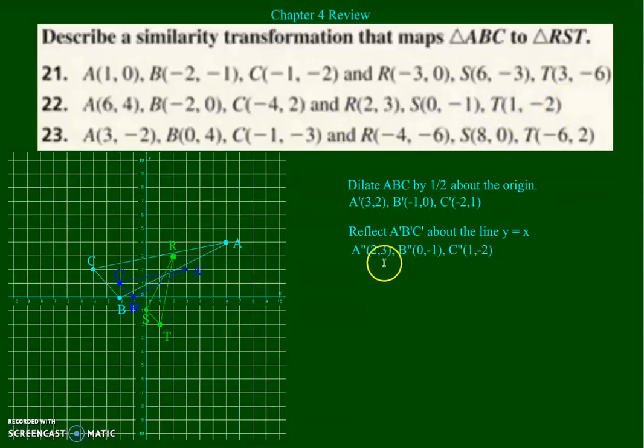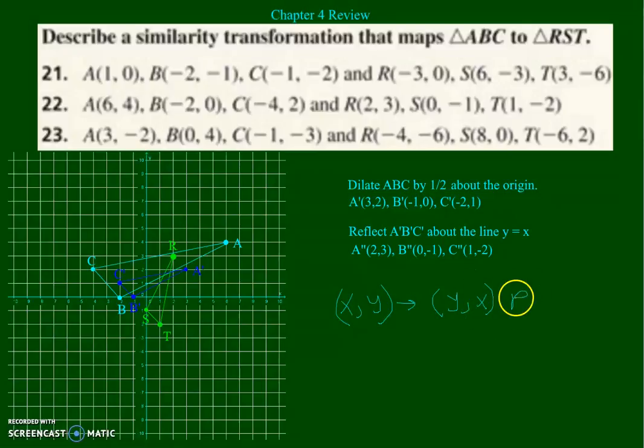So to reflect about the line Y equals X, what we actually did was the transformation (x, y) goes to (y, x).